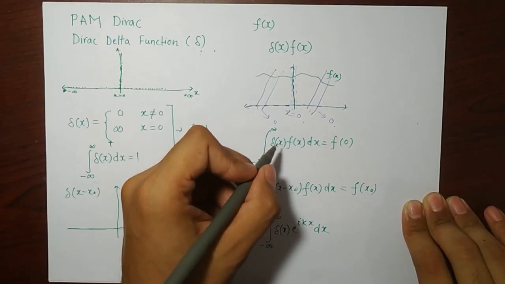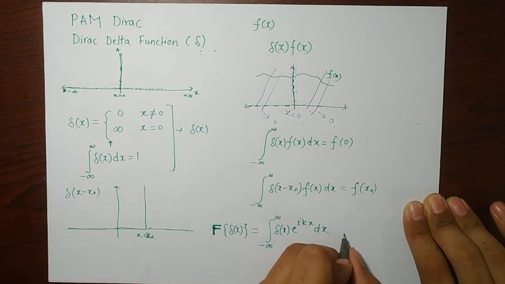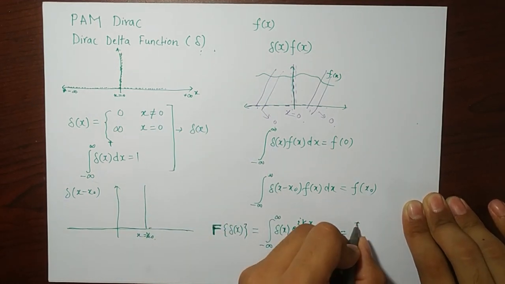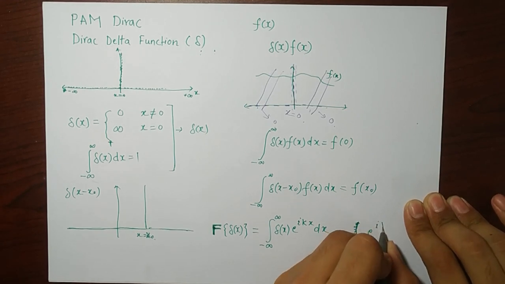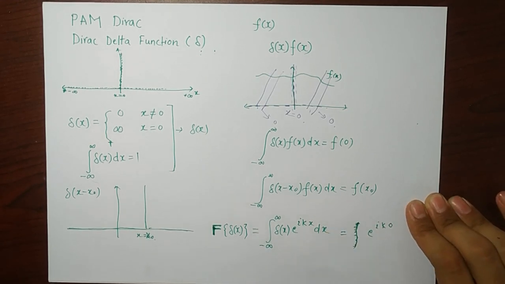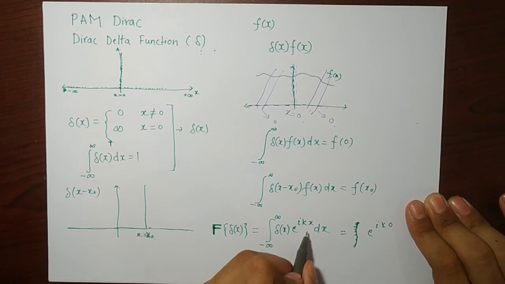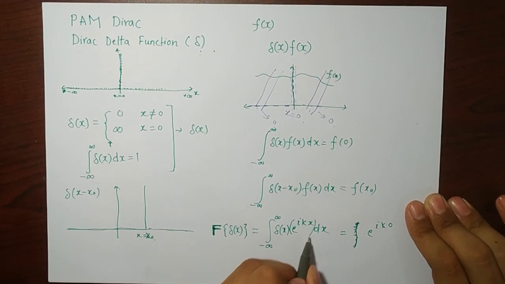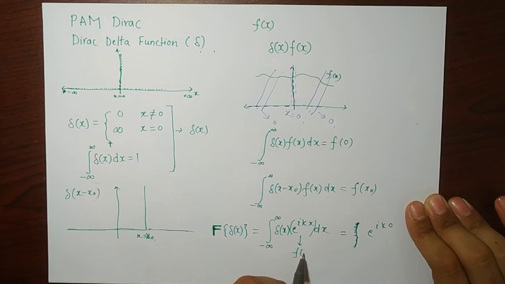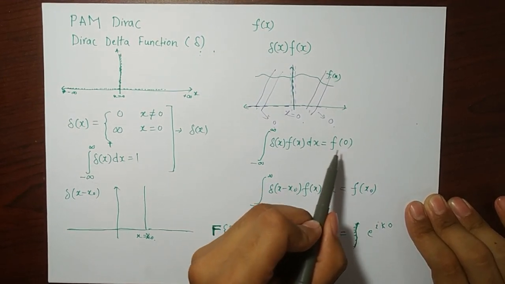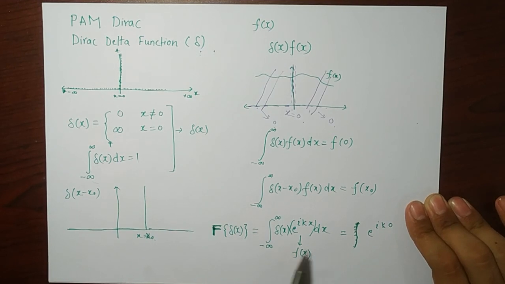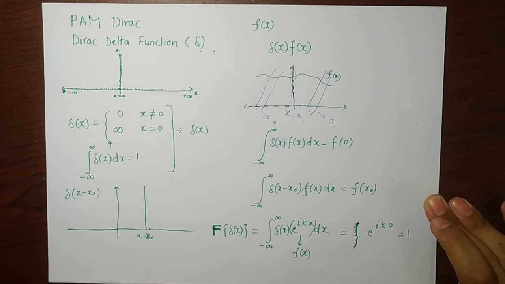From this particular formula we can say that this is e to the power i k 0. In place of x, this particular thing you can treat as f of x, and the value of this integral is f of 0. So this f of 0 is basically e to the power i k 0, which is 1.